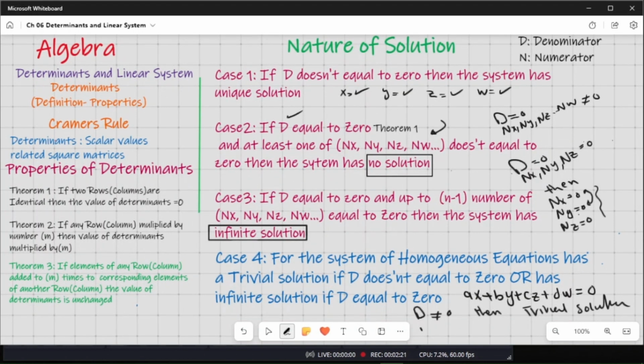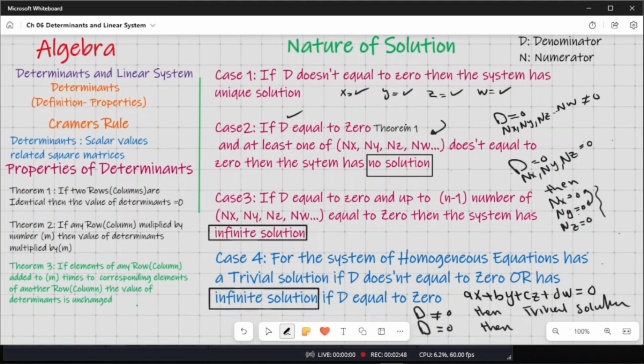Okay, and here if d equal to 0, then our system has infinite solutions. Okay, you can check any system of linear equations against these four cases.